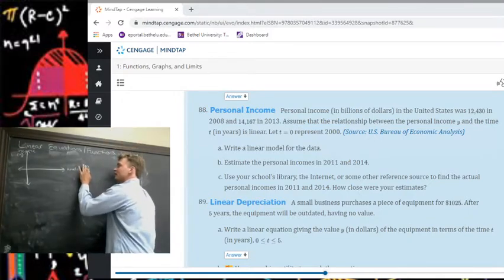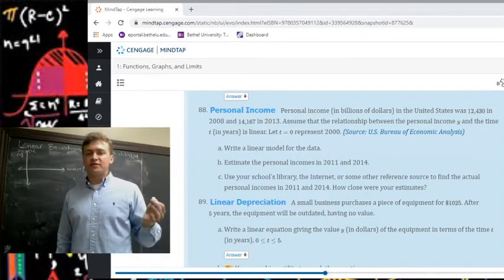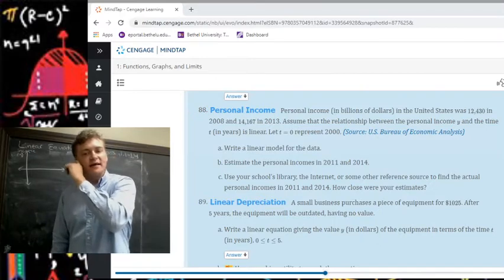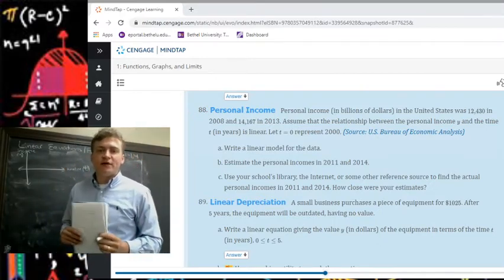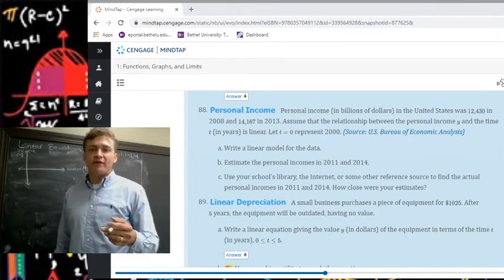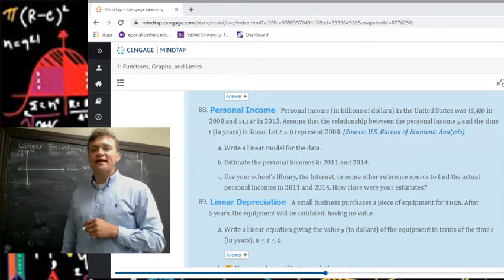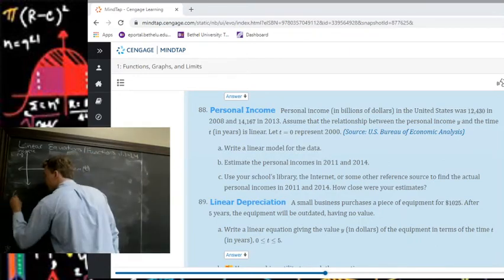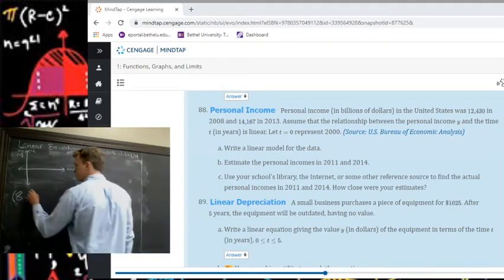Normally, in applications, t is the horizontal axis and our independent variable, so it is the x-axis. So t equals 8, and we also have t equals 13 for 2013. So the first ordered pair, for 2008, is 8, comma, 12,430.